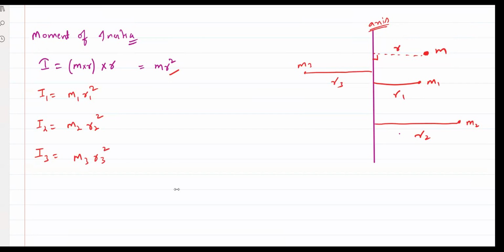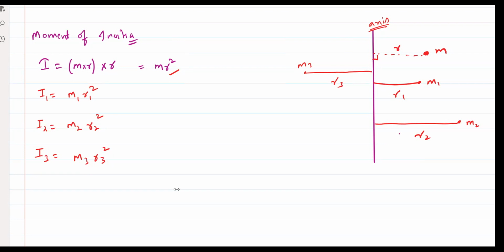Now tell me, is this a scalar quantity or vector quantity? What did I use here? I used distance and mass.